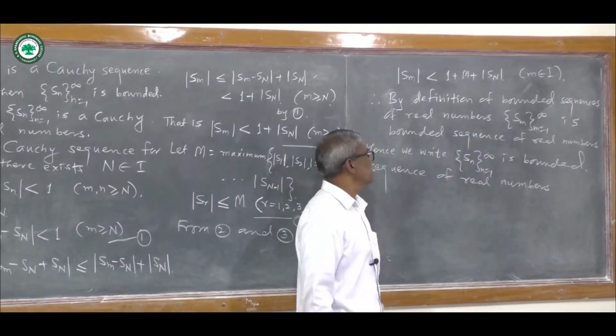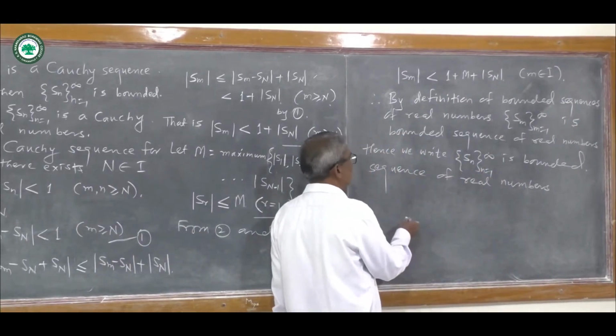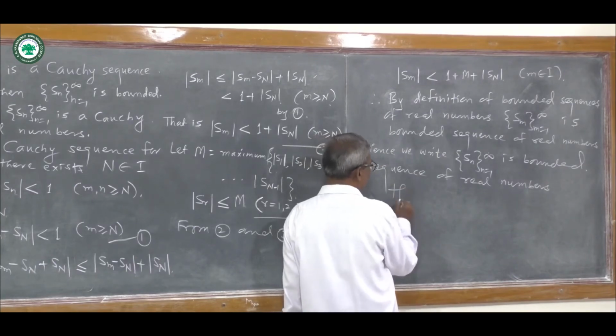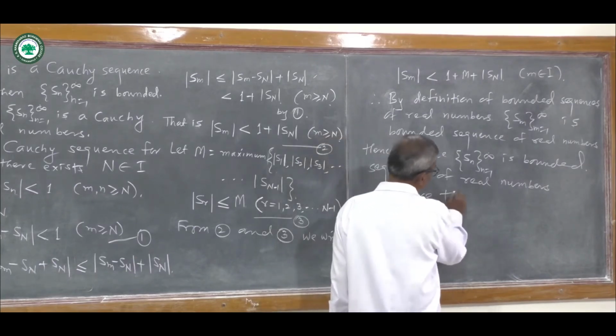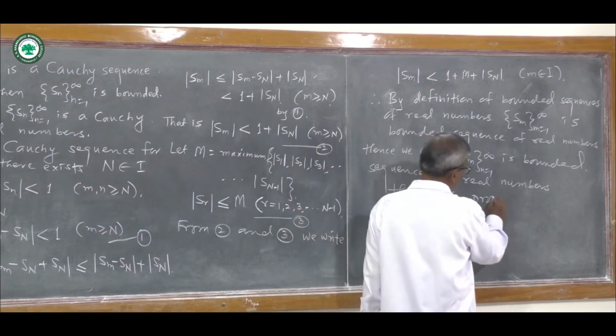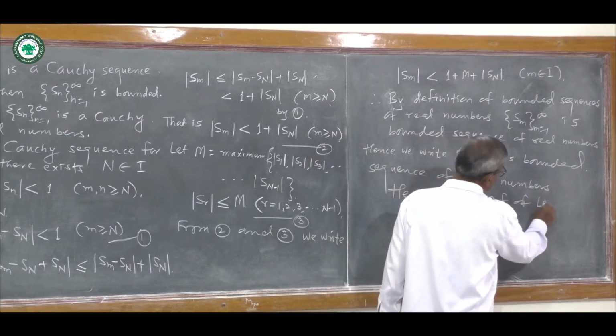Therefore, the sequence Sn, n equal to 1 to infinity, is a bounded sequence of real numbers. Hence, the proof of the lemma.